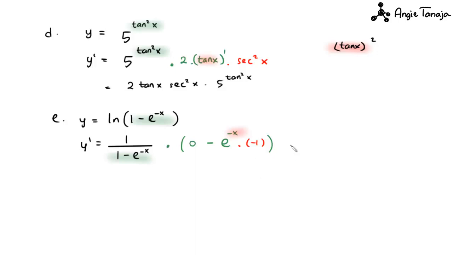So then it becomes e to the negative x over 1 minus e to the negative x.